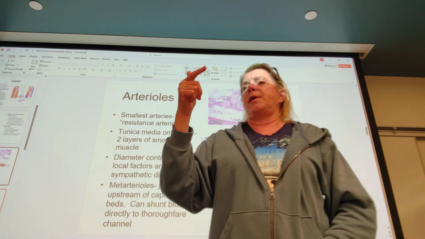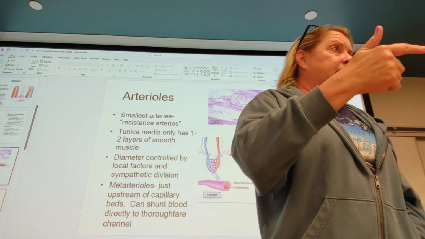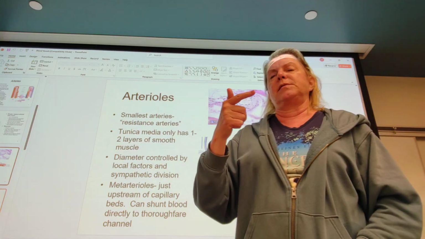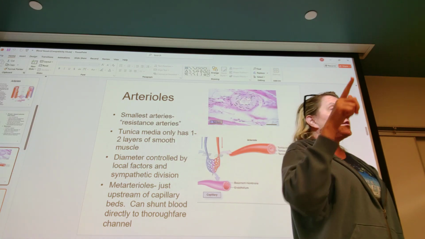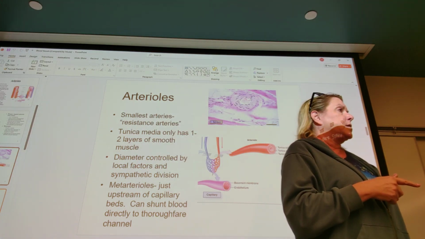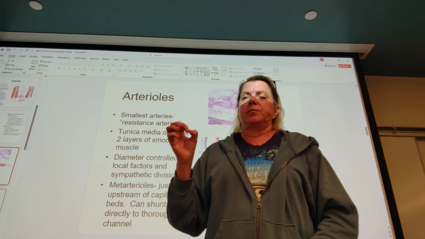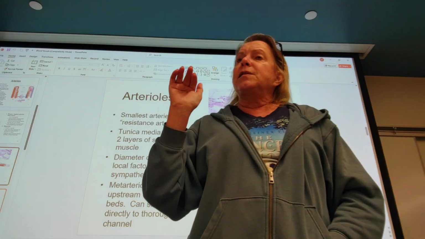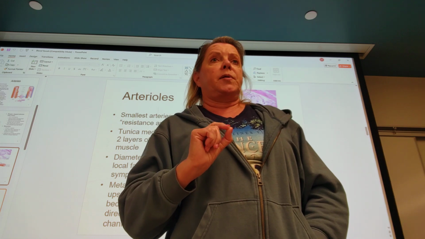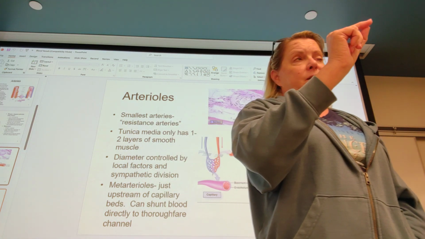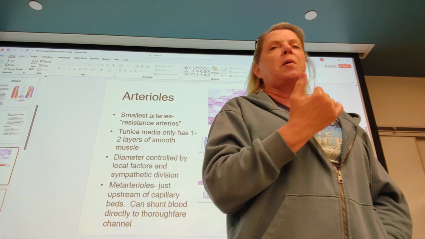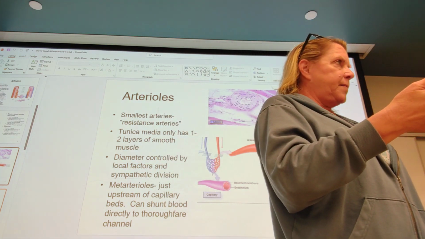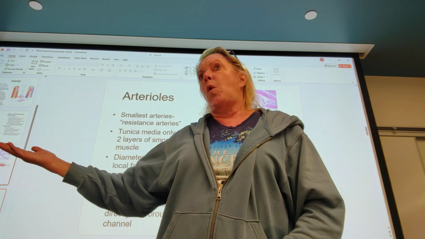So if the numerator was the thickness of the tunica media and the denominator was the diameter of the entire blood vessel, arterioles being so small, that denominator would be a small number, but the thickness of their tunica media is proportionally thicker, so that would give us a bigger number. If you divide a small number into a big number, you get probably a whole number or close to a whole number, don't you?